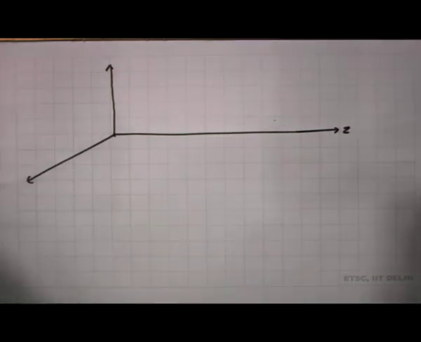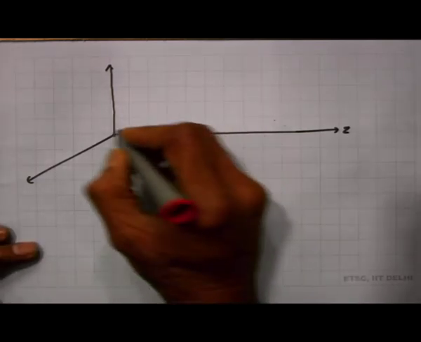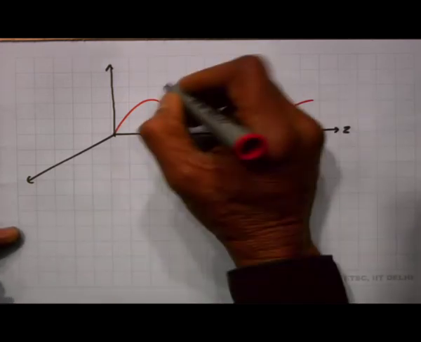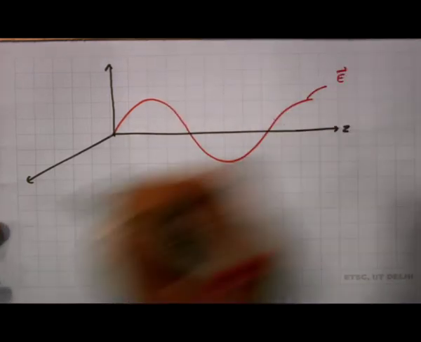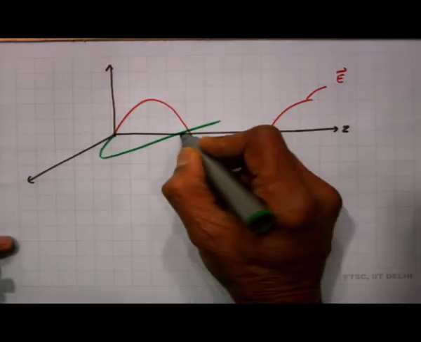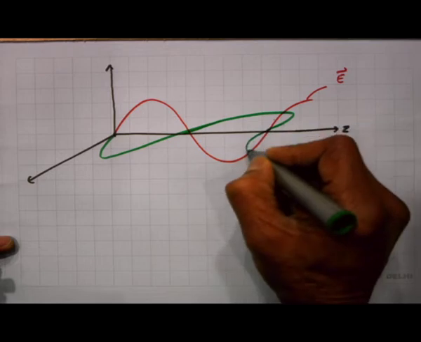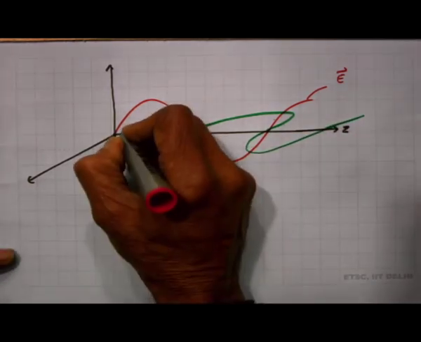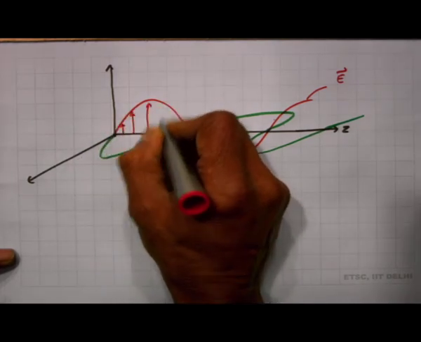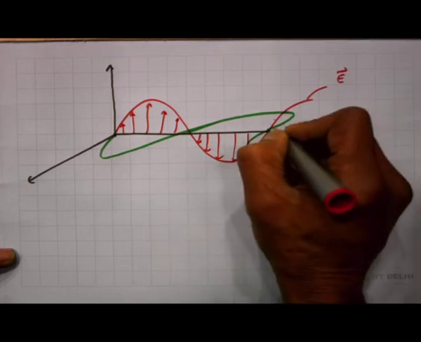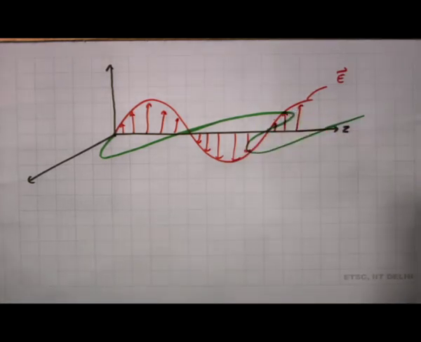Okay, so let me draw the electric field. So, this is the electric field, and let me draw the magnetic field, which will look like this. Let me draw some vectors here. These are the way I represent electric fields.